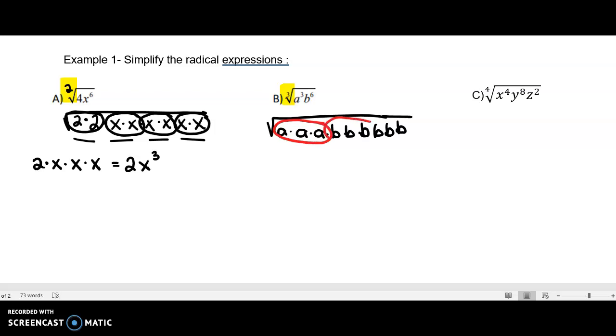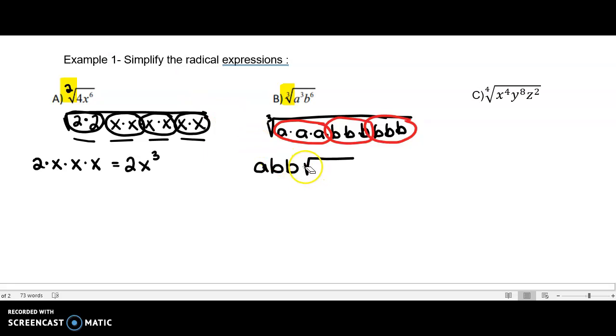So there's 3 in that one, 3 in that one, and 3 in that one. If it's in a group, it can come out of the radical. So I have a group of a, write my 3 up there. I have a group of b's and a group of b's that are coming outside the radical. Okay, anything left in the radical? No, there's not, so it can just go away. Simplify this, I get a times b squared.